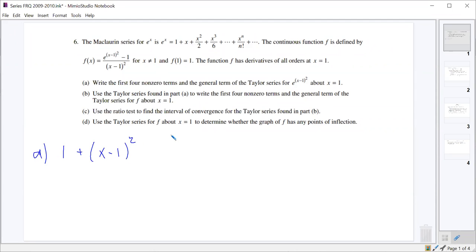And then we should have x minus 1 to the 4th over 2. And then x minus 1 to the 6th over 6. Everybody good with the first four non-zero? Yeah. And then our general term just becomes x minus 1 to the 2n over n factorial.